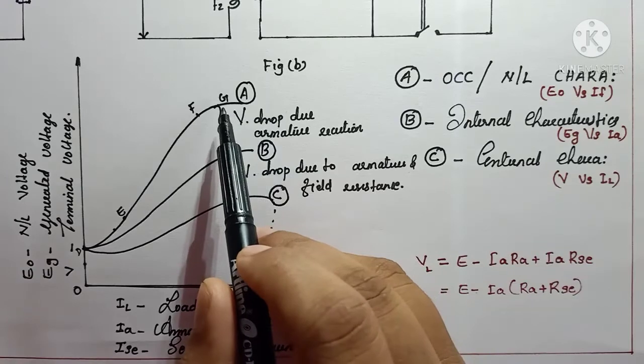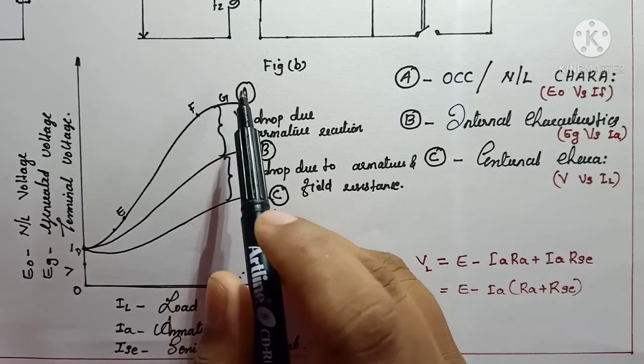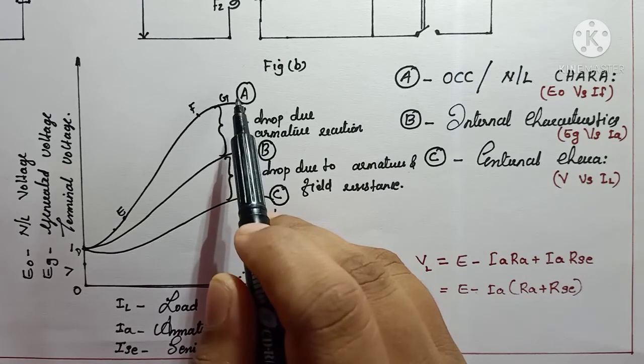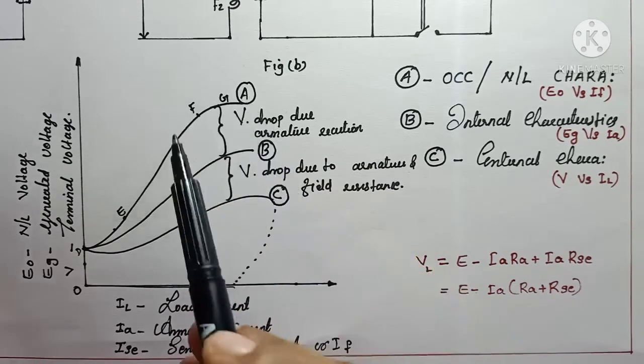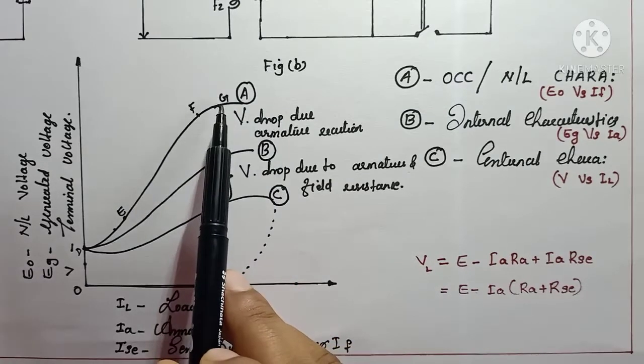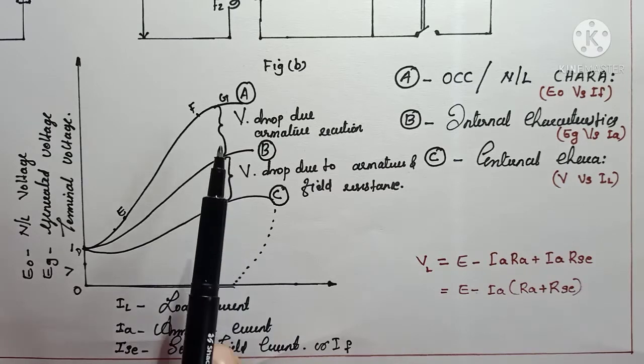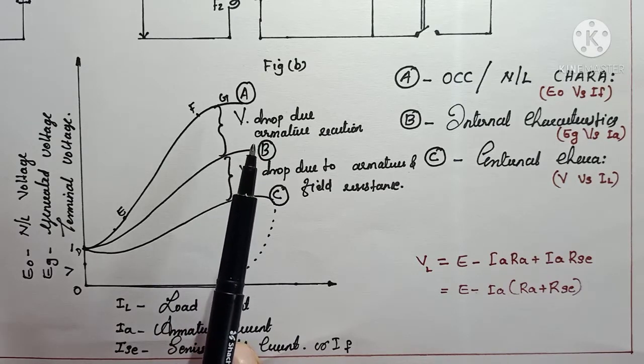Because at the point G the core gets saturated due to the rise in magnetic reluctance, and after this point G a rise in field current will not increase the production of EMF in the armature. That is the main point about the open circuit characteristics.